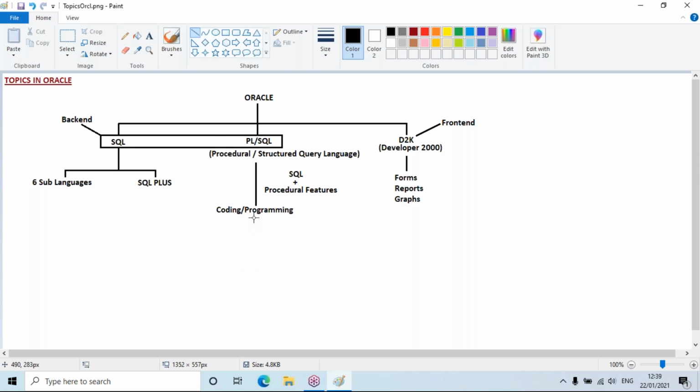Now, again, this coding or programming, whichever we have for Oracle, is found with implementation in two ways. Two types of coding or programming process we have. What are they? This is one type and this is the second type.